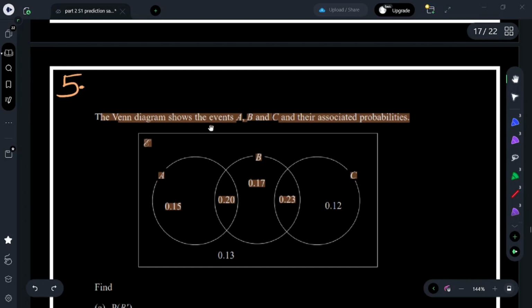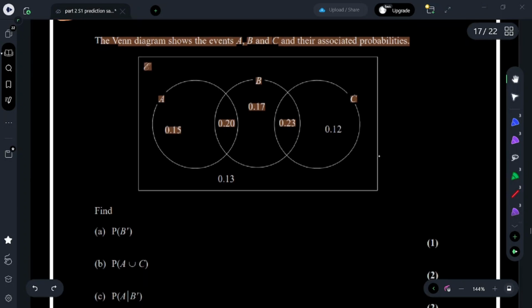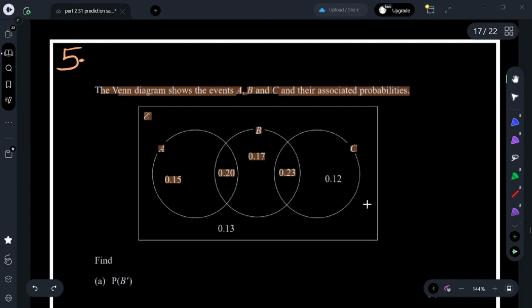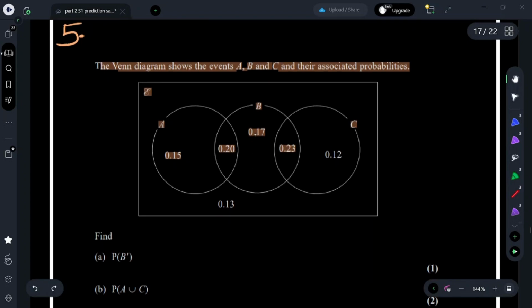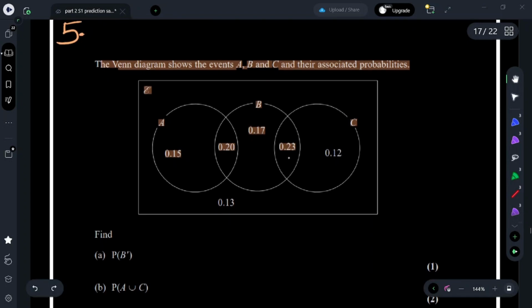The Venn diagram shows the events A, B, and C and the associated probabilities. Venn diagram is much likely to be there in the exam, with the probability in A being equal to 0.15 plus 0.2. Probability in B is 0.2 plus 0.17 plus 0.23.